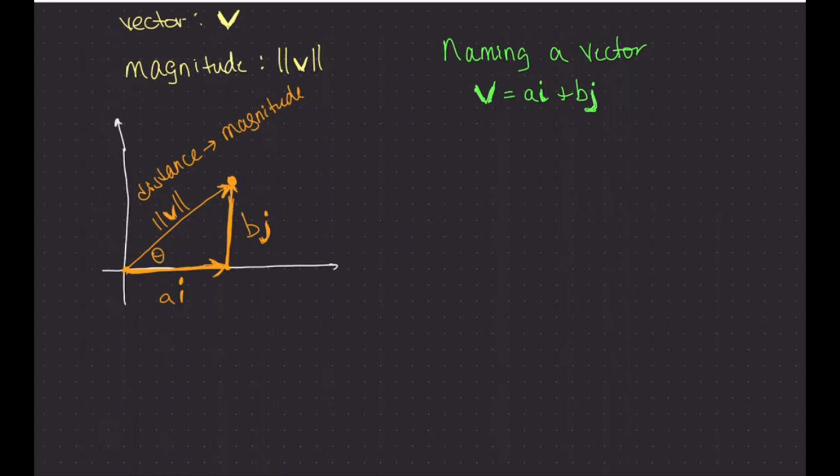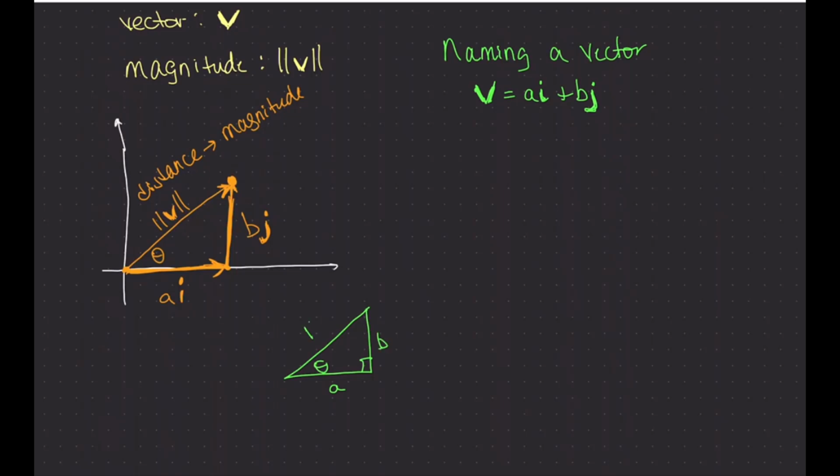But we need to find our a and our b. So let me take our little triangle for a second and draw it down here. We knew this was a right triangle, and we knew this angle was theta. We're just going to look at that a and that b.